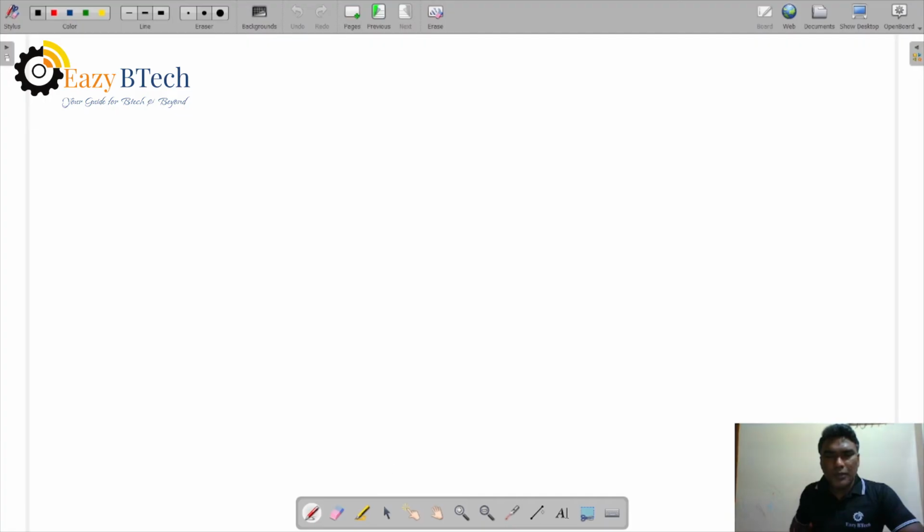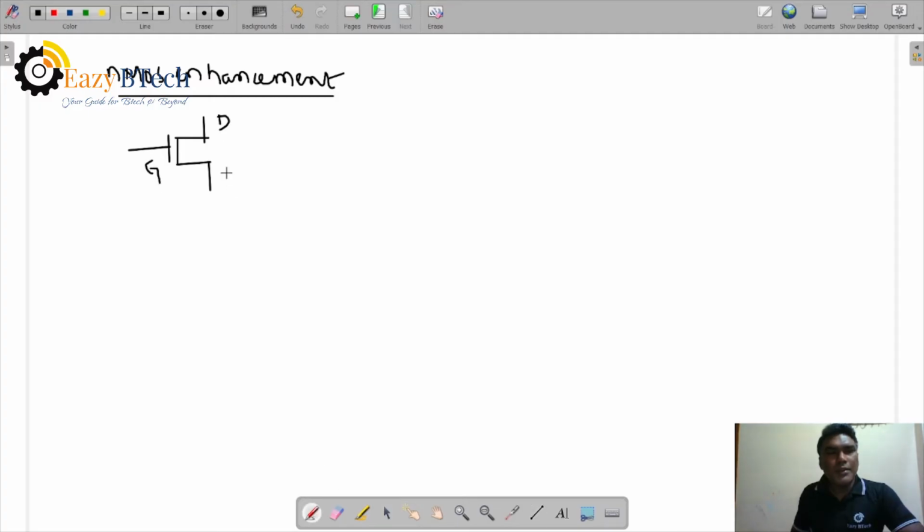Now the NMOS representation. NMOS enhancement. Let us see the symbol. This is the NMOS enhancement, with gate, drain, and source.